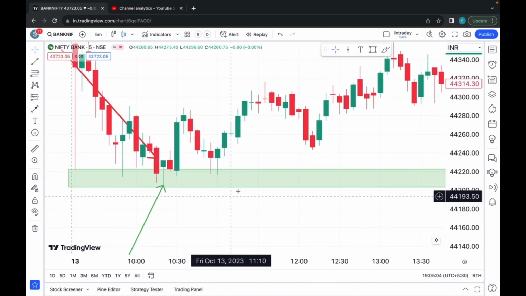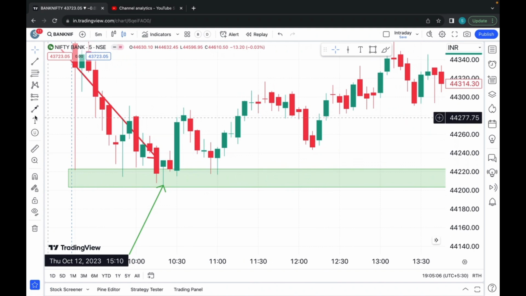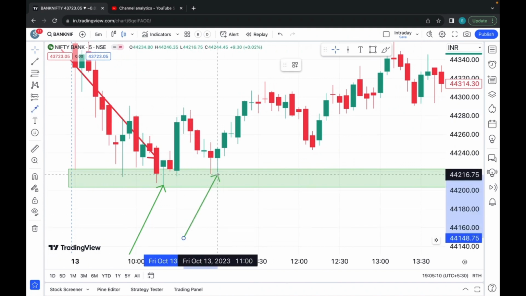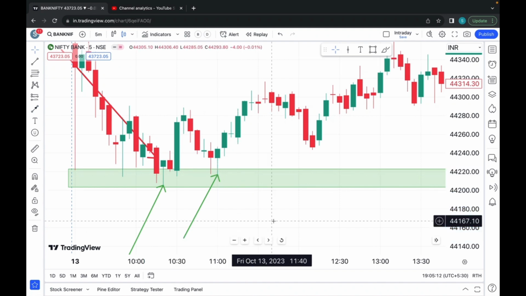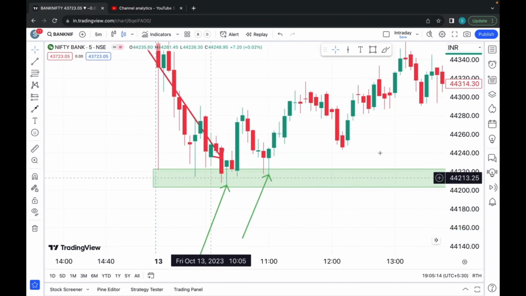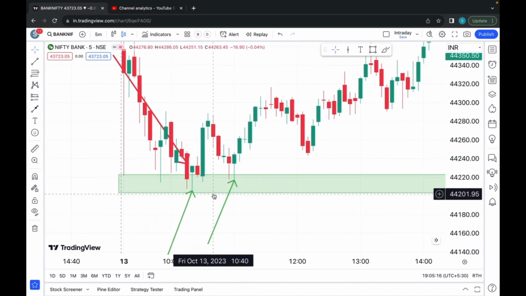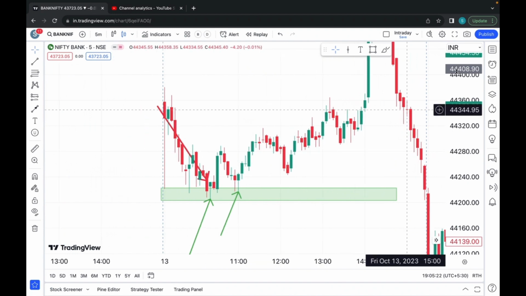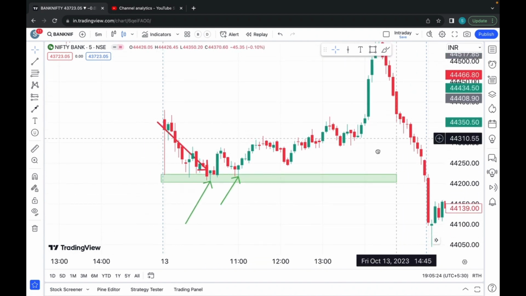So with all this, this is also a second hammer, within no time, at the same level. You would keep your stop loss at the bottom portion of the candle, and see what has happened that day.